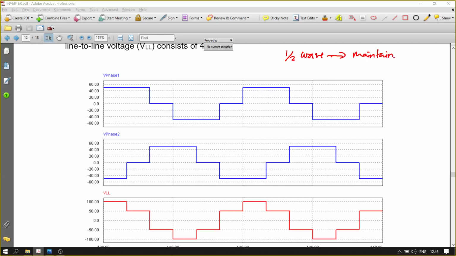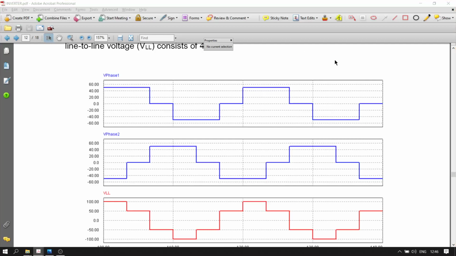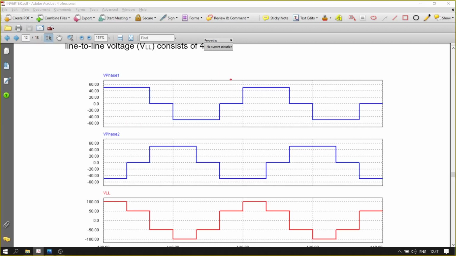But if you want to find the magnitude, which is A1, AN, BN, you can also modify the waveform such that you can move the zero axis anywhere.